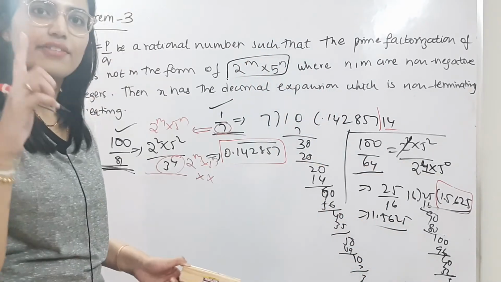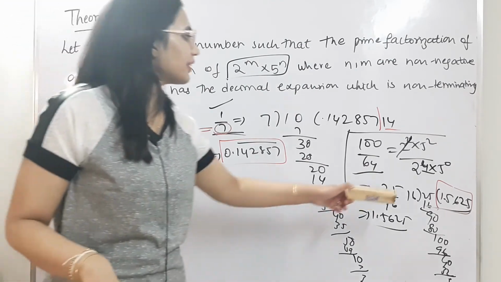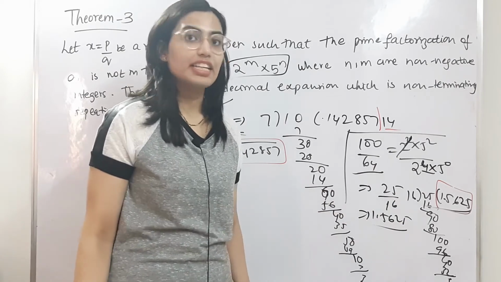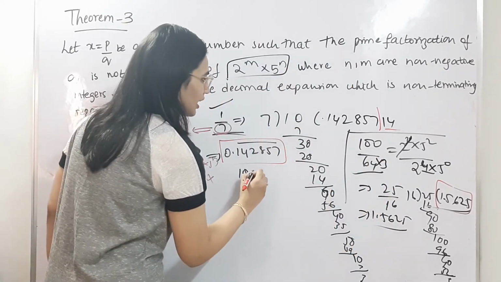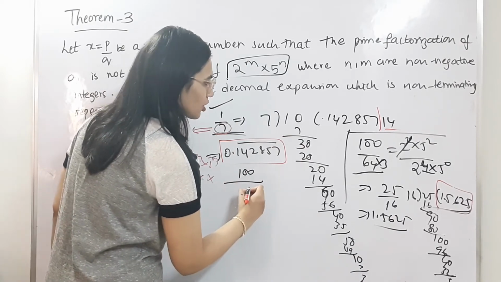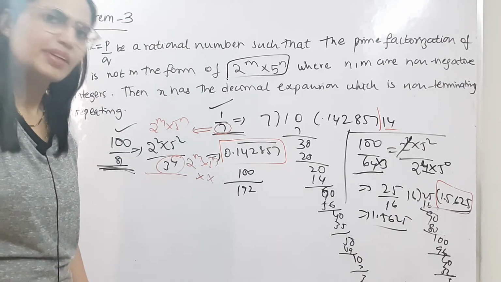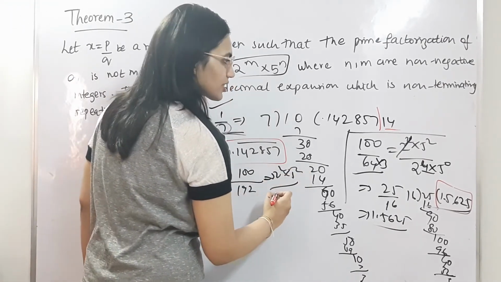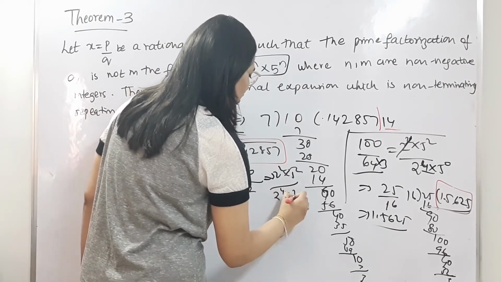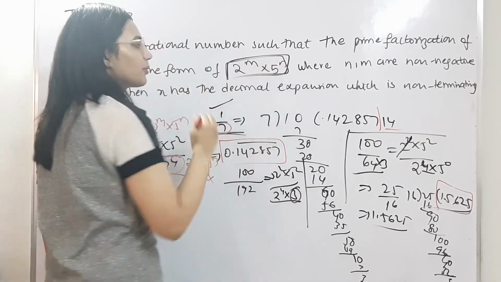So in this case, if the denominator has only 5s or 2s, then we get it as terminating. Suppose we have, say, into 3, that is 100 by 64 times 3, which is 192. Then it won't work. It will not be terminating because 2 square into 5 square, but the denominator is 2 power of 4 into 3. 3 is there here. It's not in the form of 2 power of m into 5 power of n.